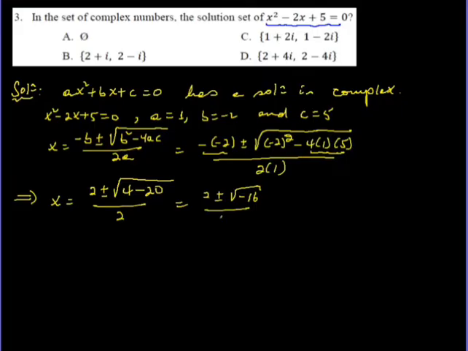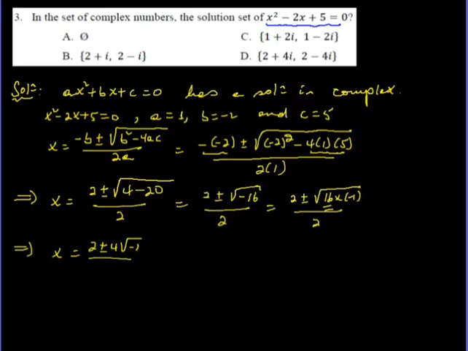Okay, square root of a negative is possible in the set of complex numbers. So this becomes 2 plus or minus square root of 16 times minus 1 over 2. Now this 16 can be taken out from the radical. It becomes 2 plus or minus 4 radical minus 1 over 2.